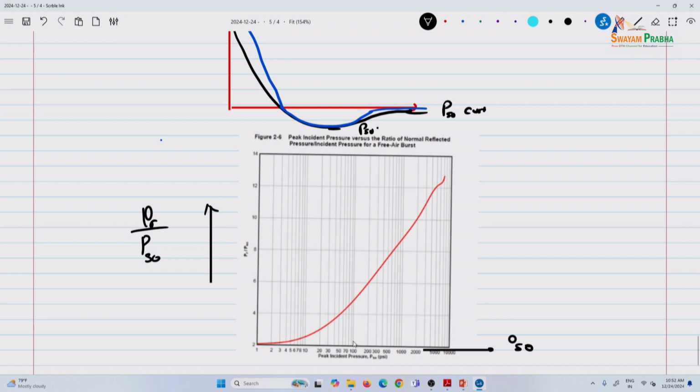Values up to about 100 psi are typical, max, somewhere in that range, at least in this course we will be talking about nothing more than that. You can see the reflection coefficients going all the way up to about 5. So, this is CR going from 0 to, you can go up to 5 times in this case.